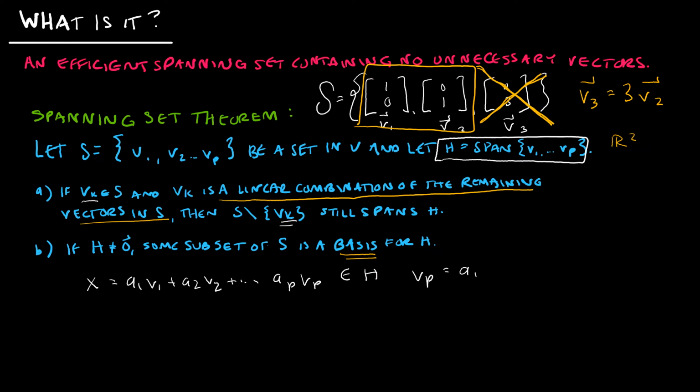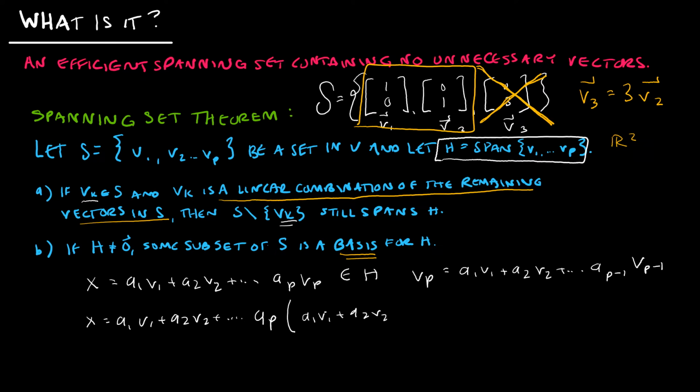So vp can be written as a1 v1 plus a2 v2, all the way up to a(p-1) v(p-1), which means x is actually a1 v1 plus a2 v2 plus all the way up to ap, and remember that's just our scalar, times vp, which is a1 v1 plus a2 v2, all the way up to a(p-1) v(p-1).